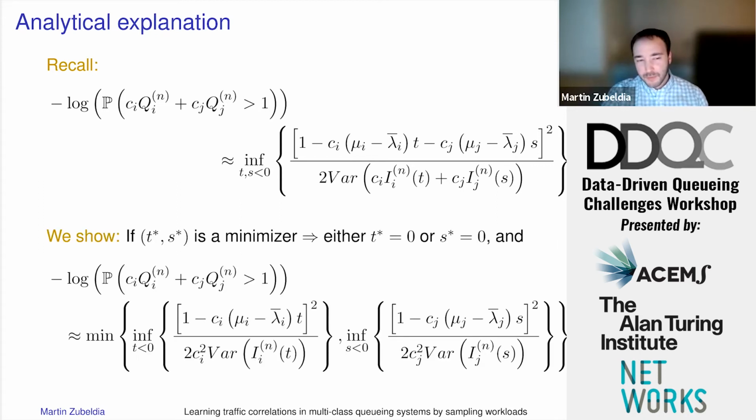But what we show in the proof essentially is that if you have a minimizer of this infimum of the right-hand side, then either T or S is going to be 0. So essentially the right-hand side, instead of having the variance of the first one plus the variance of the second one plus the covariance, which is the one that we need to take out, turns into only two terms, the minimum of two terms that only depend on the variance and not on the covariance.